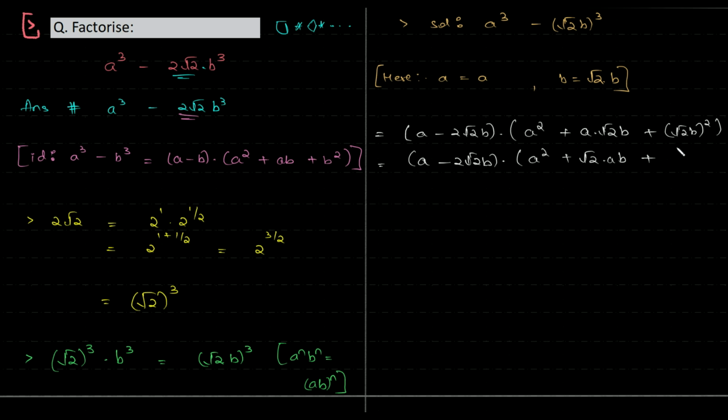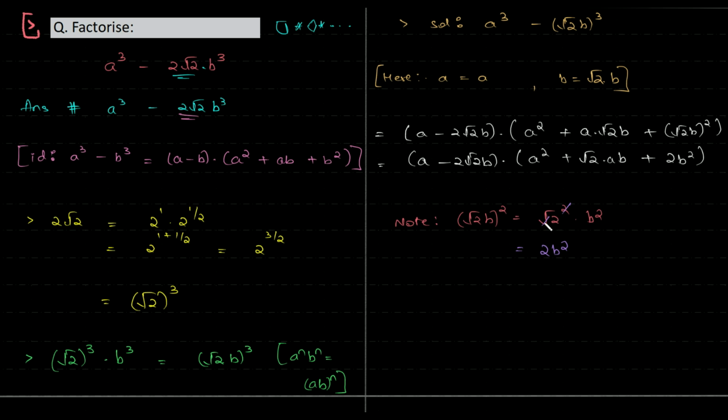This would be what? Root 2b the whole square will be 2b square. If you want to understand, I'll make a small note over here. Root 2b the whole square as per this formula will be what? Root 2 square into b square. And we know that root and square will get cancelled. Why? This will be 2b square.